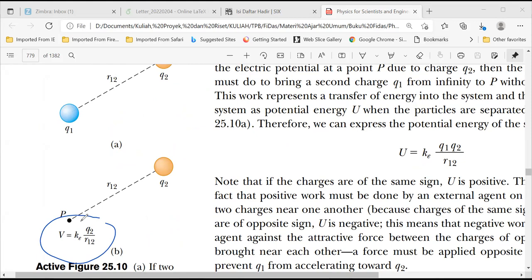Because Q2 is a test charge, the potential energy U should be the test charge Q2 times V. So we will get this formula.